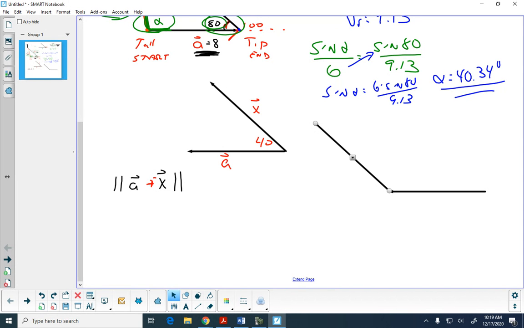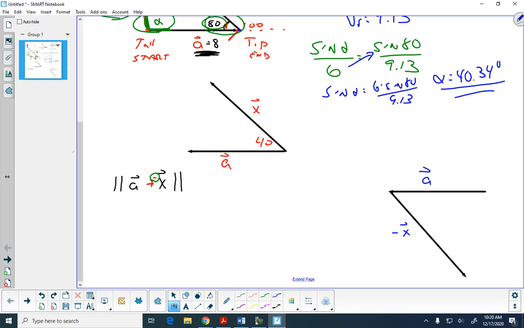But what we have here is a negative with this X. So what we talked about on Tuesday is when I go the negative X, it just means I'm going to go in the opposite direction. So rather than plus X, which is going upwards to the left, I'm going to go negative X, which is downwards to the right. So this is my A, and this is my negative X.